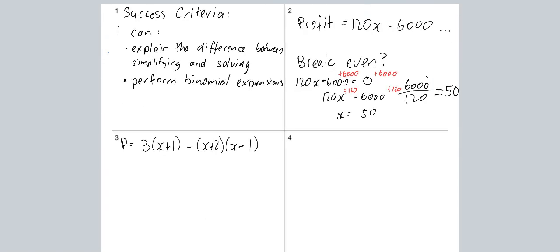So you've got this one here, which is P equals, so P for profit and x for the number, 3 outside of x plus 1 minus x plus 2 times x minus 1, is the profit equation. Who knows why that's the profit equation? But basically this company started up and said, here are all the things I need to sell these fluffy animals. Maybe it's not just rabbits.